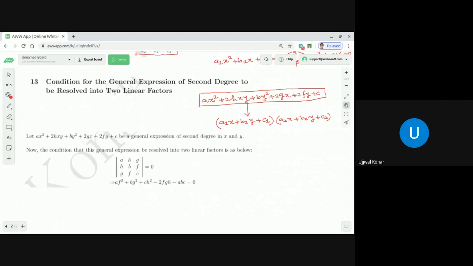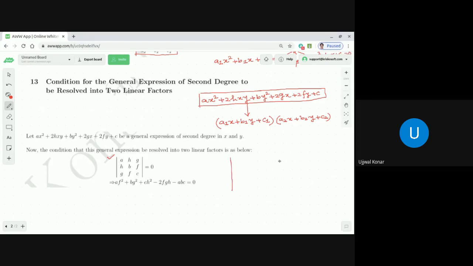The value of this determinant, a 3 by 3 determinant, a determinant of order 3, has to be 0. But now, how to write this determinant, that I'm going to show you now.